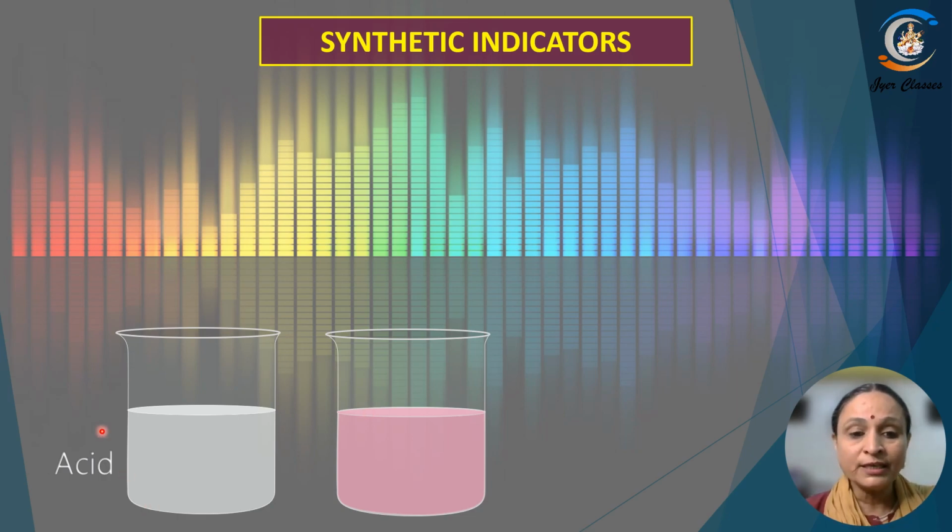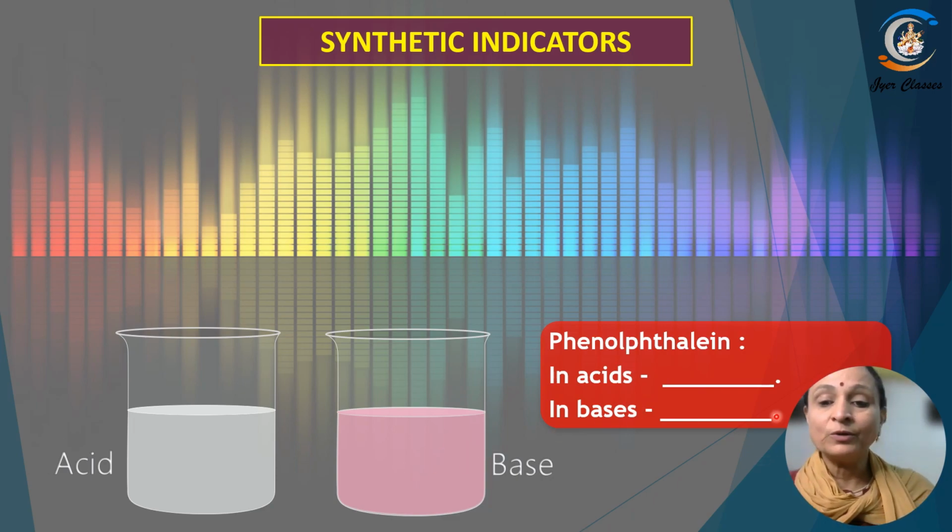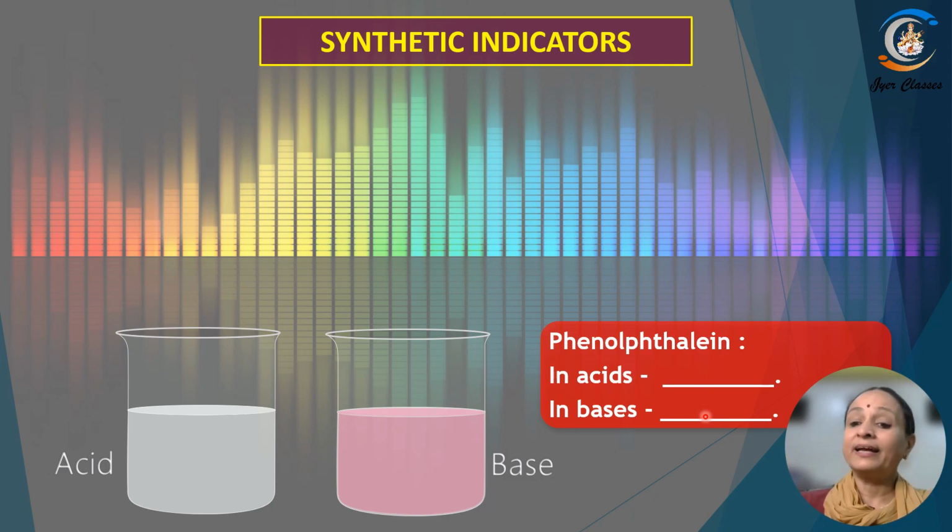The solution in which the color is not changed is an acid, and the one in which the color changes, becomes pink on adding one or two drops of phenolphthalein, that is a base, right? Phenolphthalein is not changing the color in acid, but in base, the color changes to pink. Did you remember? Phenolphthalein is pink in what?